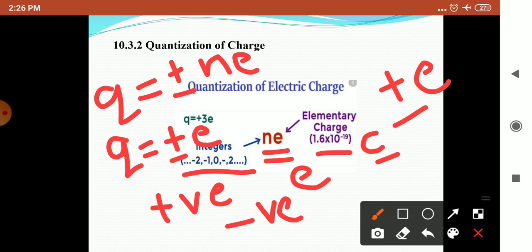So what is quantization of charge? During the charging process an integral number of electrons can be transferred from one body to another body. So this is the quantization of charge or discrete nature of charge.